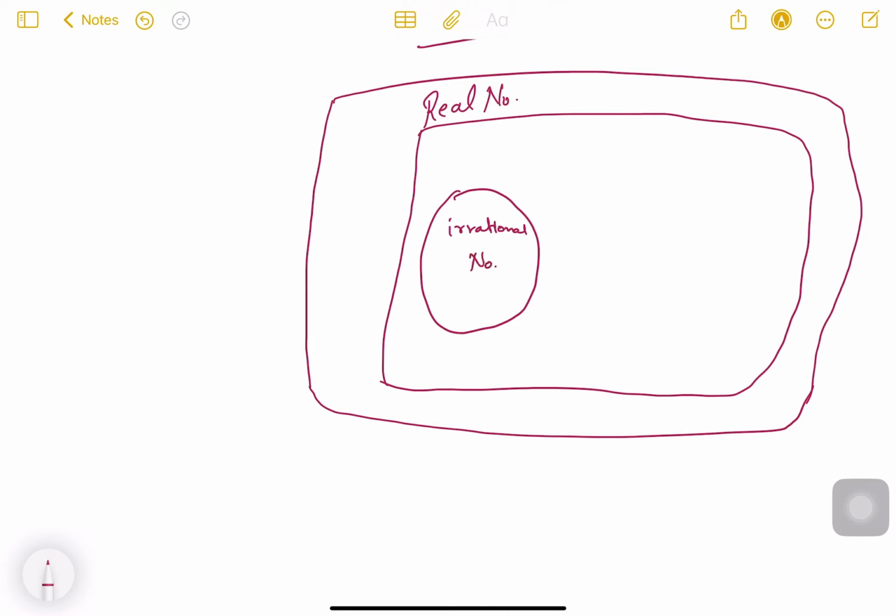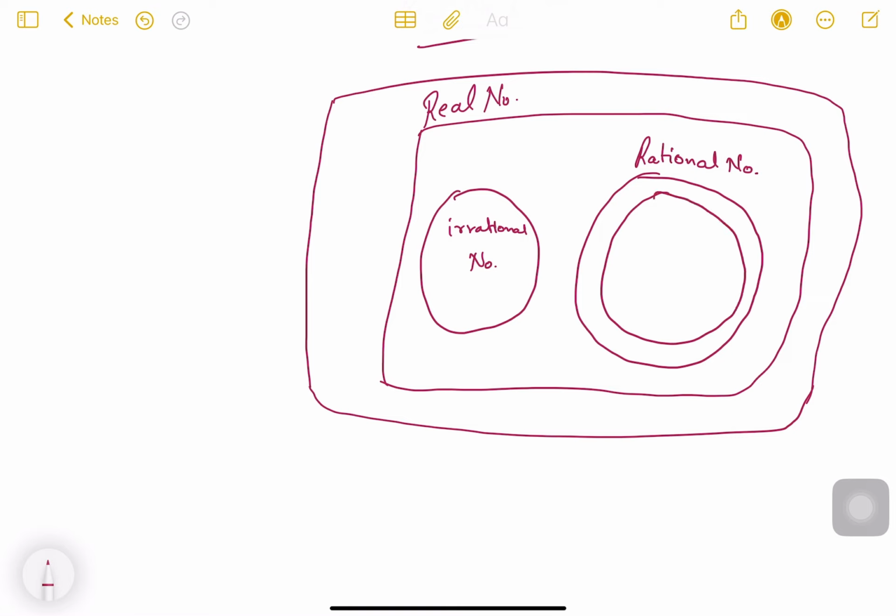And we have rational numbers. Inside rational numbers, we have got integers. Inside integers, we have whole numbers. And inside whole numbers, we have natural numbers.